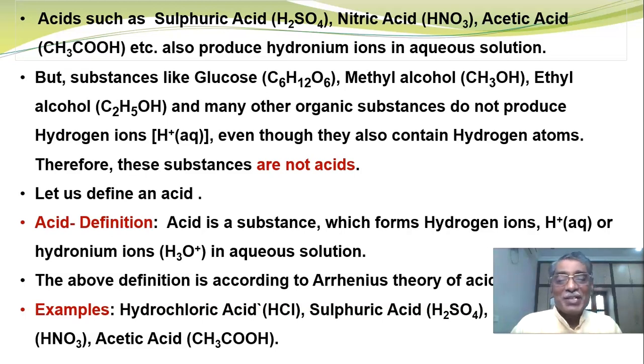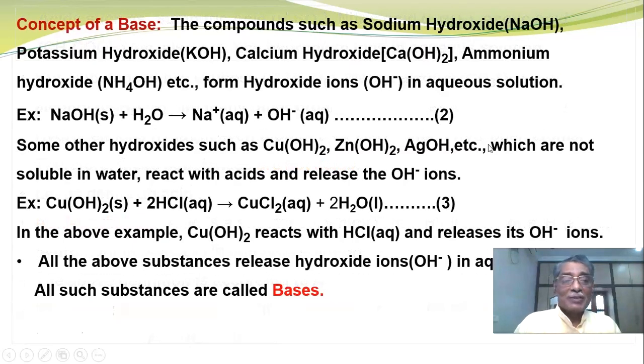The above definition is according to Arrhenius theory of acids. For examples, as I have given already, hydrochloric acid, sulfuric acid, nitric acid and acetic acid are examples of acids.